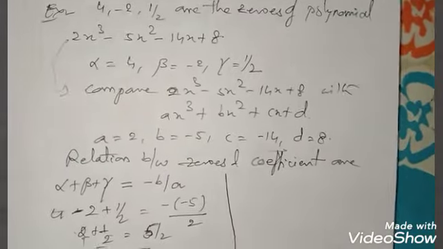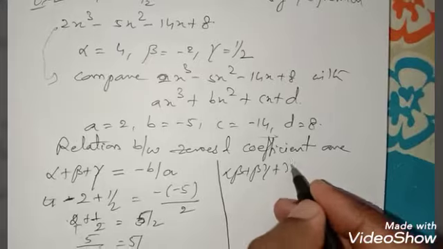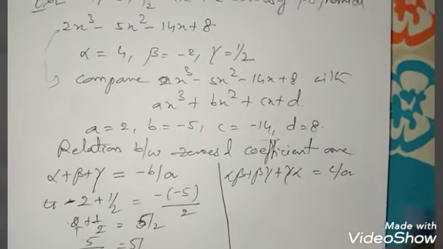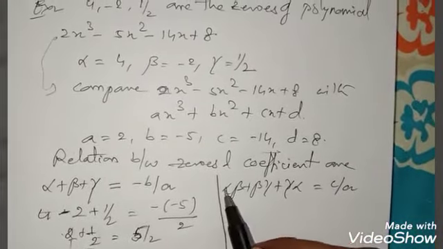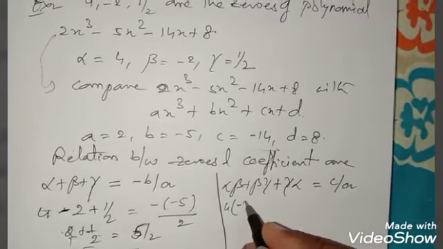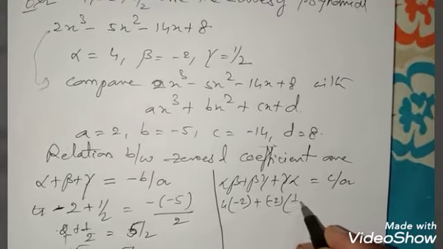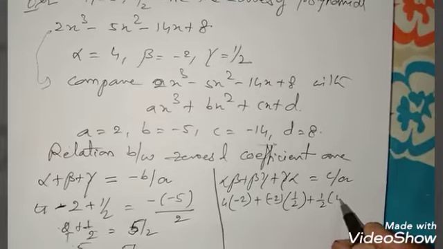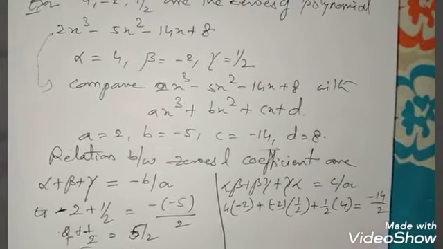Next, what is the second one here? Alpha beta plus beta gamma plus gamma alpha is equal to c by a. Right, this is the formula. Now how to show the values? Alpha is given as 4, beta is given as minus 2; next beta is given as minus 2, gamma is given as 1 by 2; next gamma is given as 1 by 2, alpha is given as 4, is equal to c by a. The c value is minus 14 by 2, right?